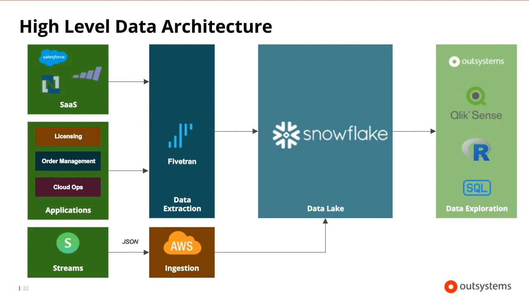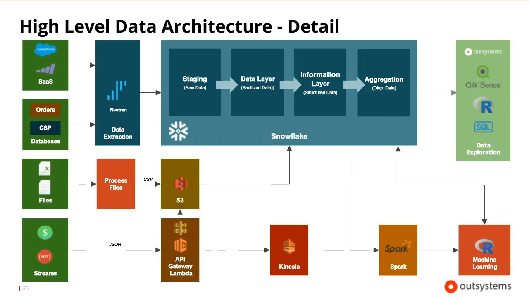Just going into a little bit more detail on what we've envisioned initially. Diving a little bit into the data lake itself, we envisioned having different maturity stages for the data. We have a staging area or a staging layer, which is the raw data that FiveStrand collects. We then have a data layer where we do a little bit of sanitization and beautification.